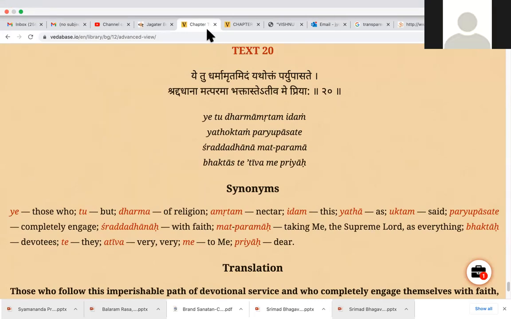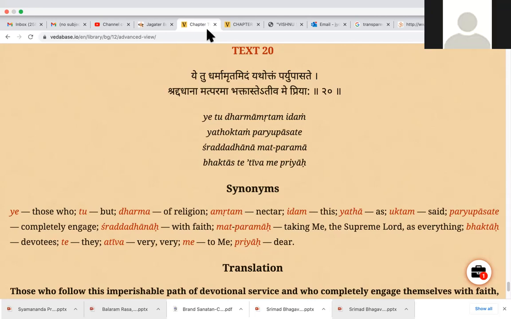Ye tu dharmatram idam. Idam. Yathoktam. Yathoktam. Yathoktam. Yathoktam. Paryupasate. Paryupasate. Yathoktam paryupasate. Yathoktam paryupasate. Ye tu dharmamritam idam.